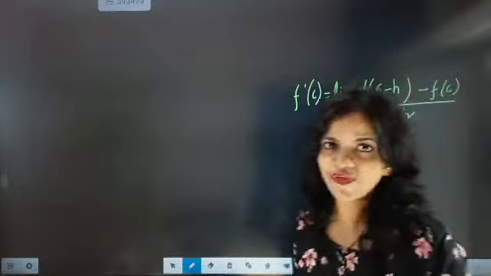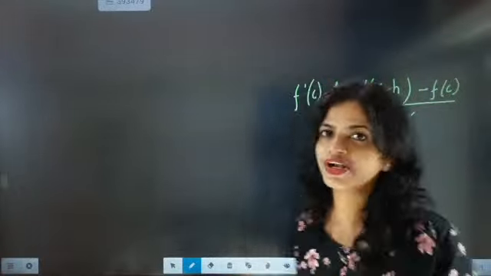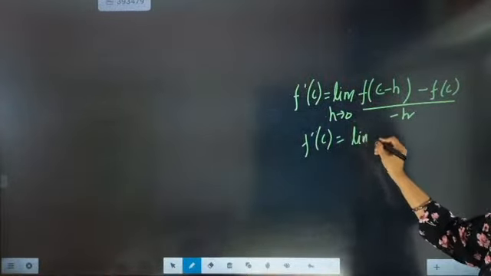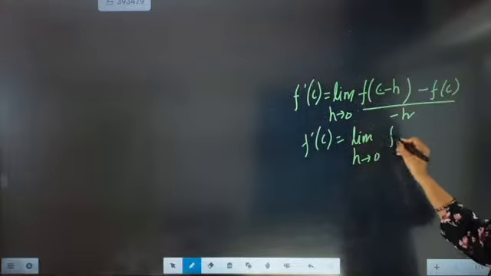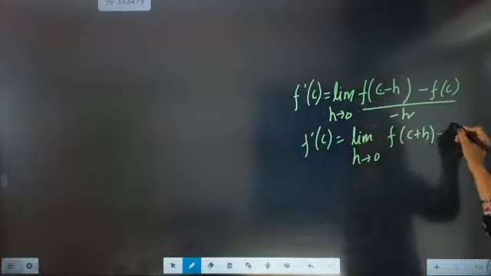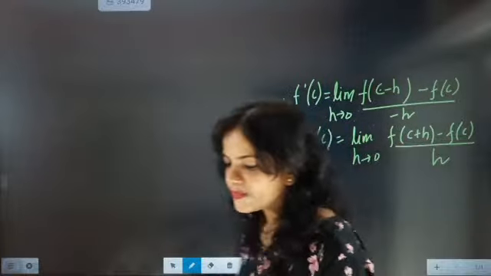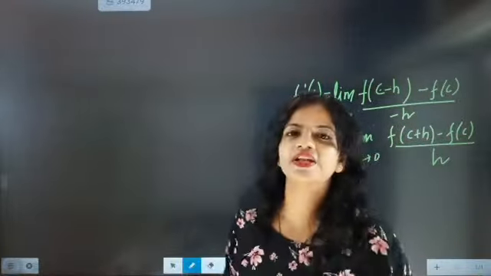Either you can use this formula, which is the left hand part of the derivative, or you can use the right hand part of the derivative. Since the left hand part equals the right hand part, it is totally up to your convenience which one you want to take.